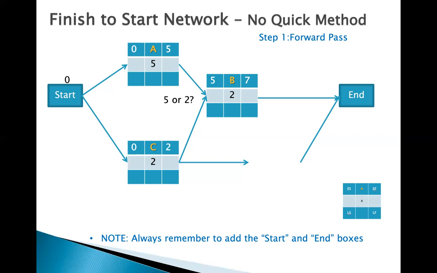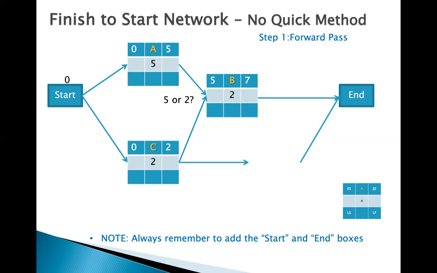Yes, we need to select 5, because we are performing the forward pass. If the duration of activity B is 2 days, what is the early finish of activity B? Same procedure as for activity A and C: 5, the early start, plus duration 2, it's 7.